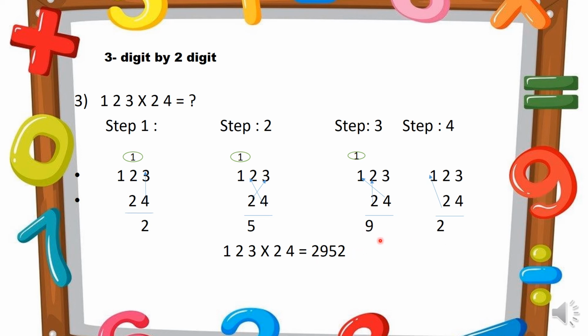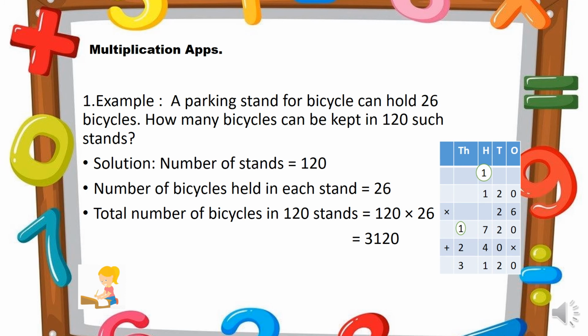We need to place 2 at the thousands place, 9 at the hundreds place, 5 at the tens place and 2 at the ones place. So we'll get 2952. Hope you understood.